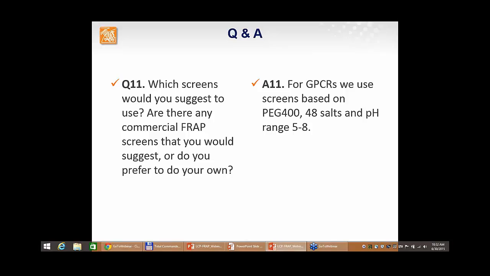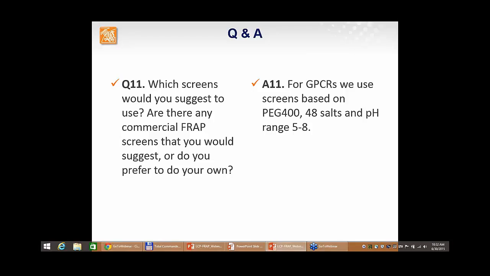For other membrane proteins, you can either design your own screens, and again using these different salts could be important. You can combine them either with PEG 400 or high molecular weight PEG 4000, 2000, or you can combine them with some other common precipitants. You can also use commercial crystallization screens.